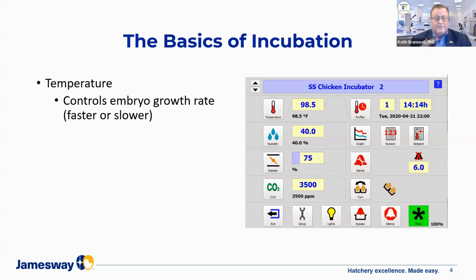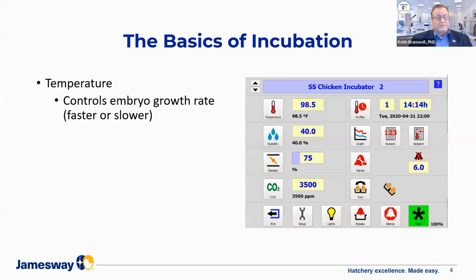If our ventilation's off, we may have some warmer spots and cooler spots, and then we get slower and faster growth of our embryos. We just need to remember that, particularly at the end when I start talking about analyzing hatch and the status of our hatch. We need to go back and say, okay, so what's going on here? What could be the causative factor of this?